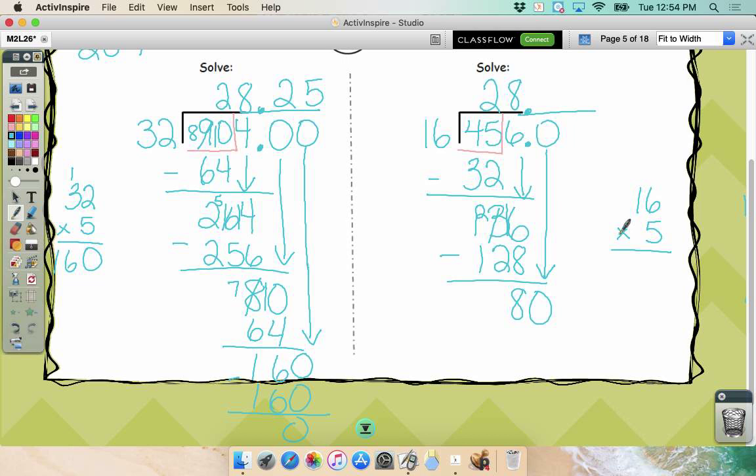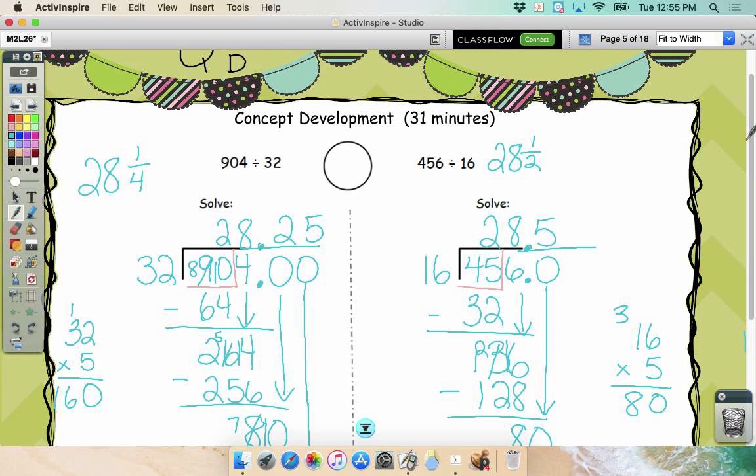Okay, so is that it? Yep. Totally. So now I know without a shadow of a doubt, because I've done them both two different ways, I know which one of these quotients is larger. Which one is it? The half. The half. Half of a pan of brownies is better than a fourth of a pan of brownies. Right? Okay, we're going to keep going.